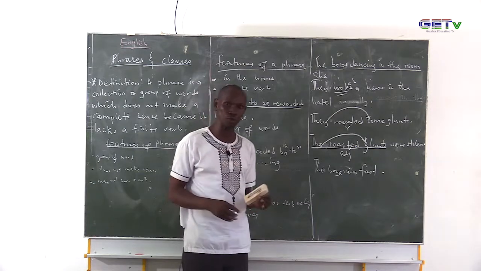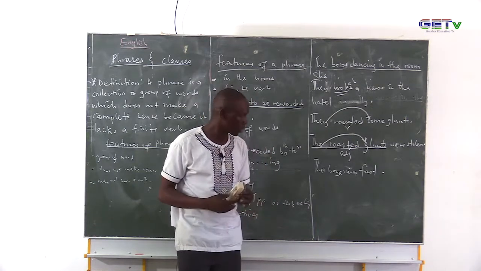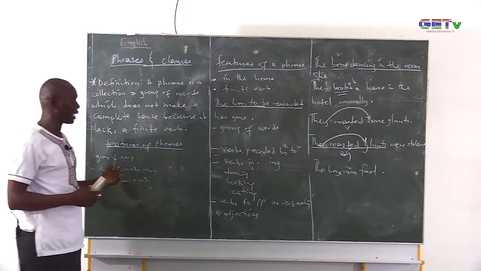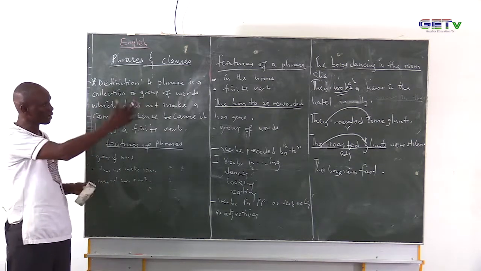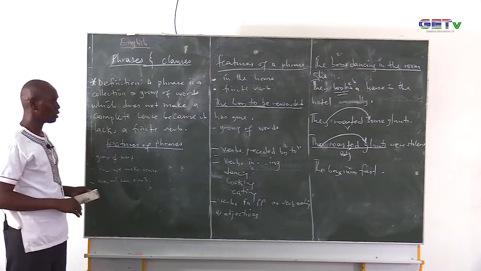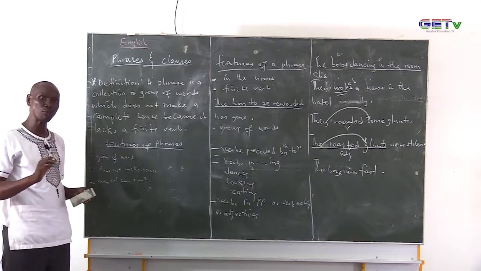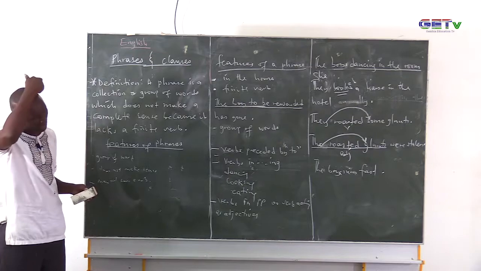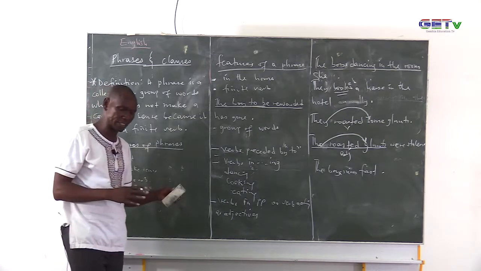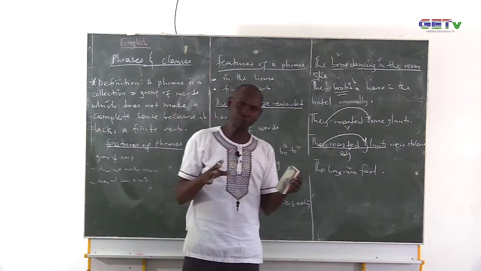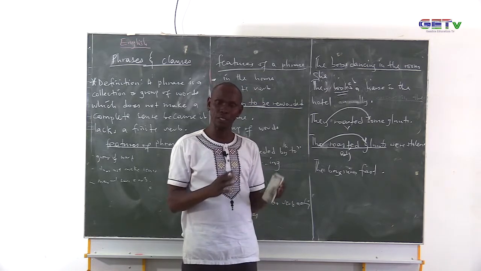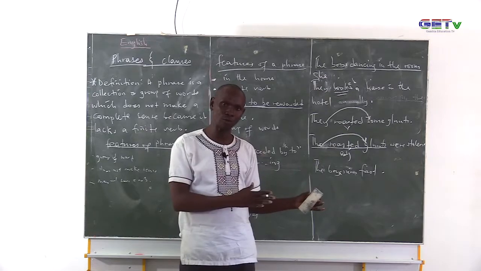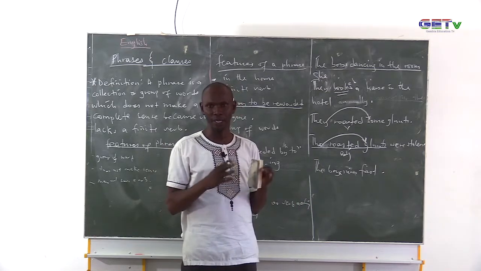So let's move on to the different types now. Looking at the board, we've defined a phrase, looked at features, and also looked at non-finite verbs. So we are moving on to types. As I said earlier, we have different types of phrases, but for this lesson we are only going to limit it to three: noun, adjectival, and adverbial.